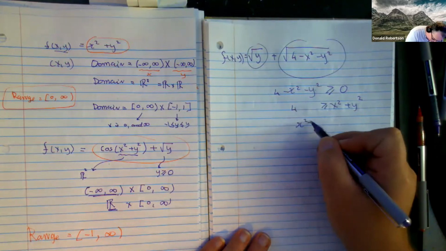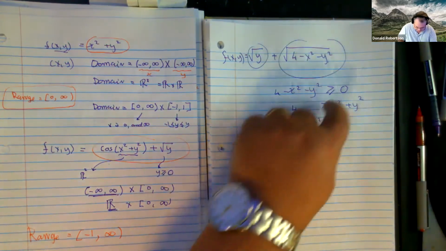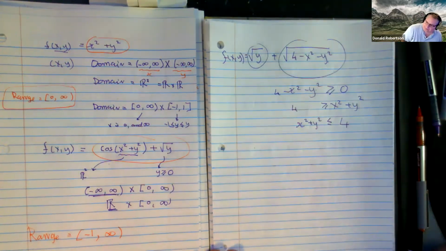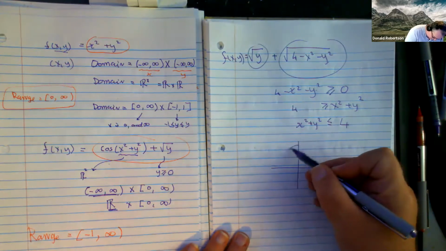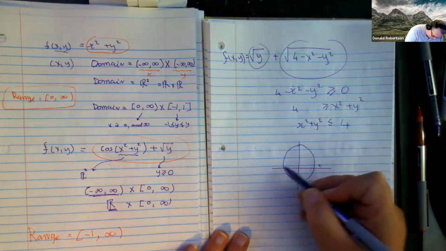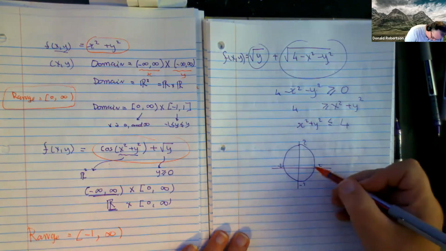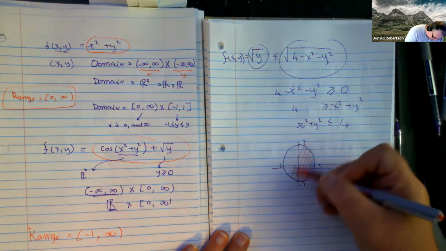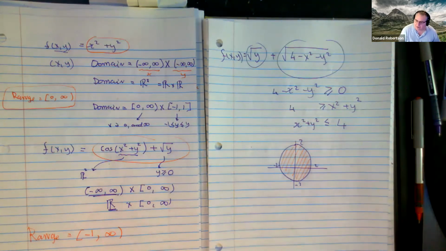And if I do a little change in direction, that is equivalent to that. So what does that guy look like? Well, he's actually a circle of radius 2. And because it's less than or equal to 4, it represents all the points inside the circle. Are you comfortable with that guy?